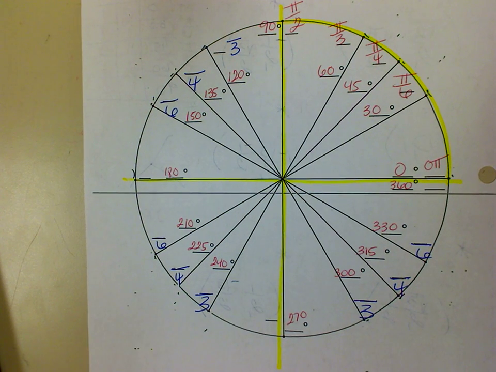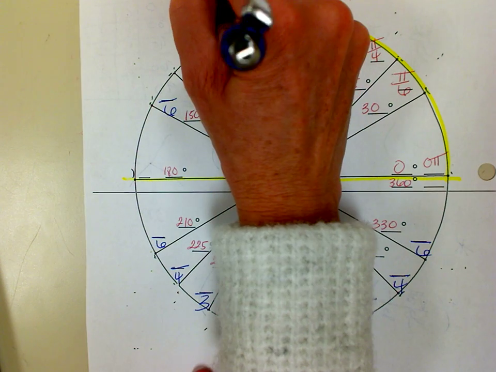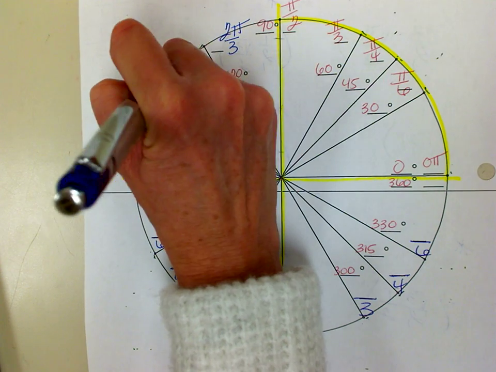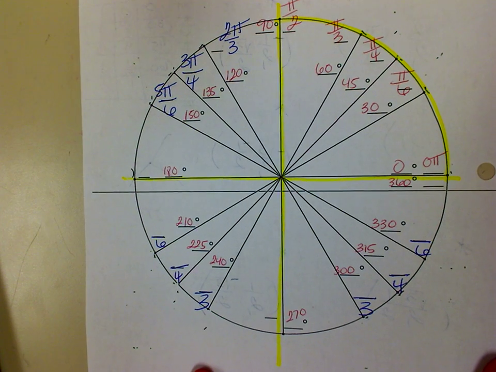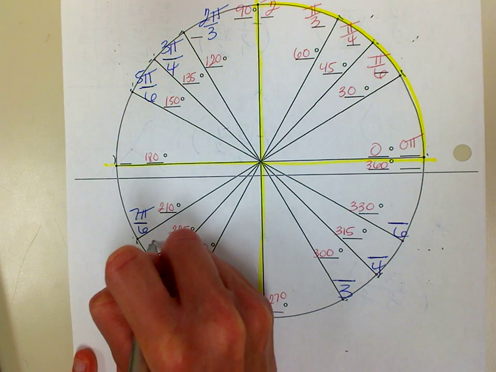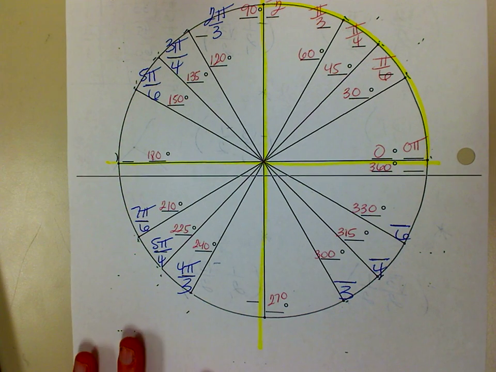Okay, now let's do the numerator. And again, there's patterns everywhere. So in the second quadrant, the numerator is always 1 less than the denominator. And don't forget to put a pi there. In the third quadrant, the numerator is 1 more than the denominator, and you've got to put a pi with it.